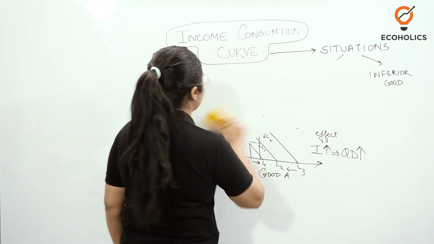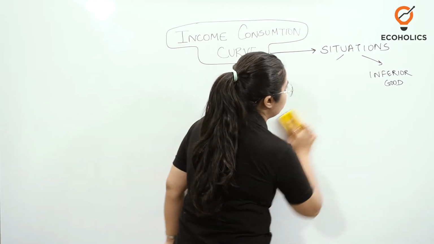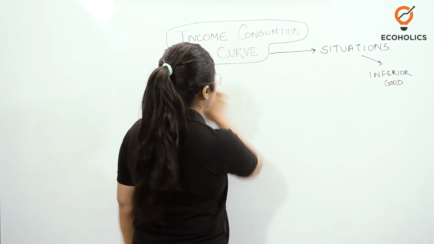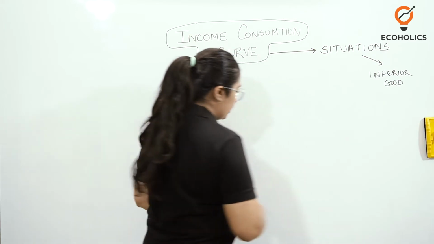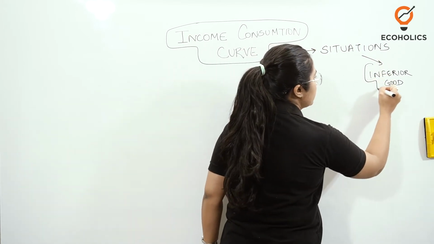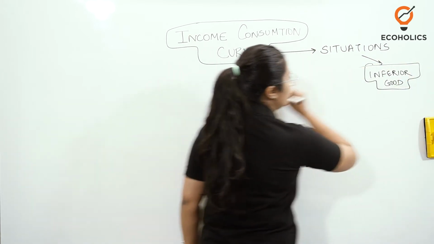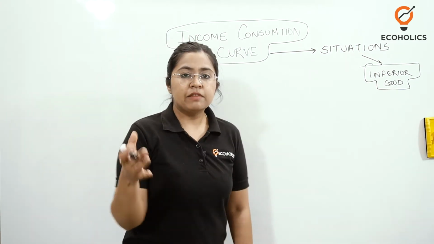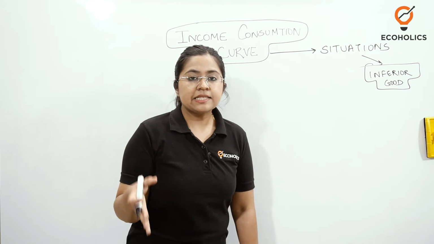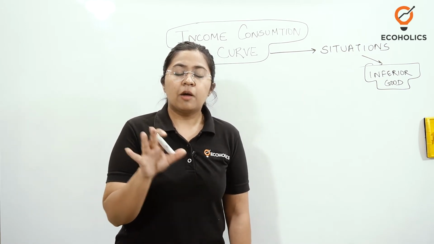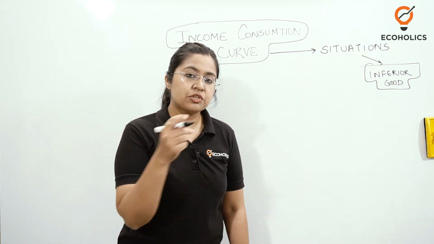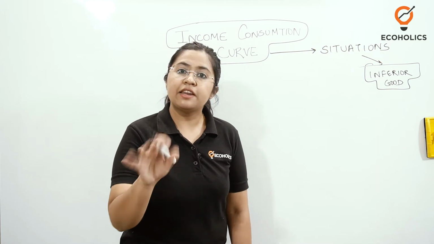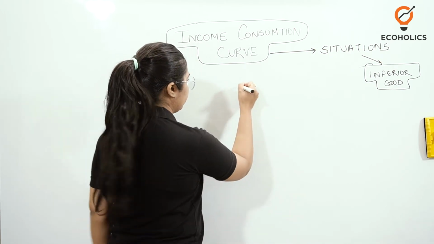The next scenario that we have is the inferior goods scenario. Okay, I have just erased everything so that the points are clear to you all. Now, at the time of an inferior good, what is going to happen? Let's say we'll take one by one. Let's assume that first of all, commodity A, which is on the x-axis, is let's say an inferior good.